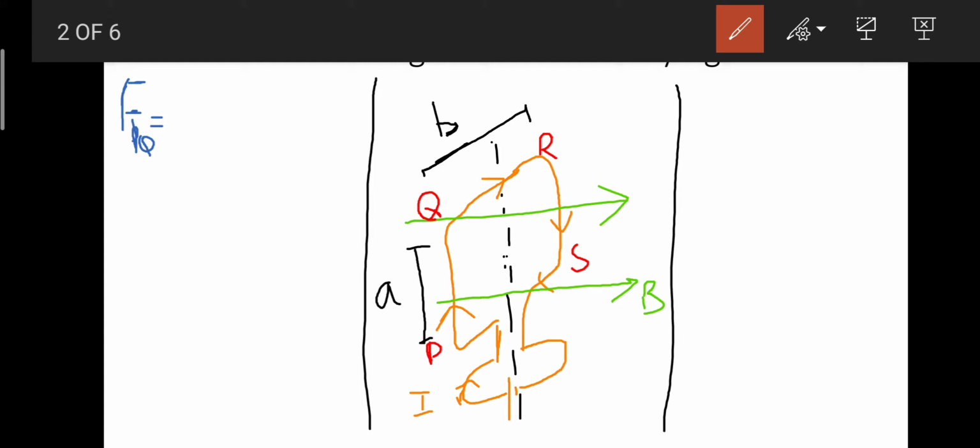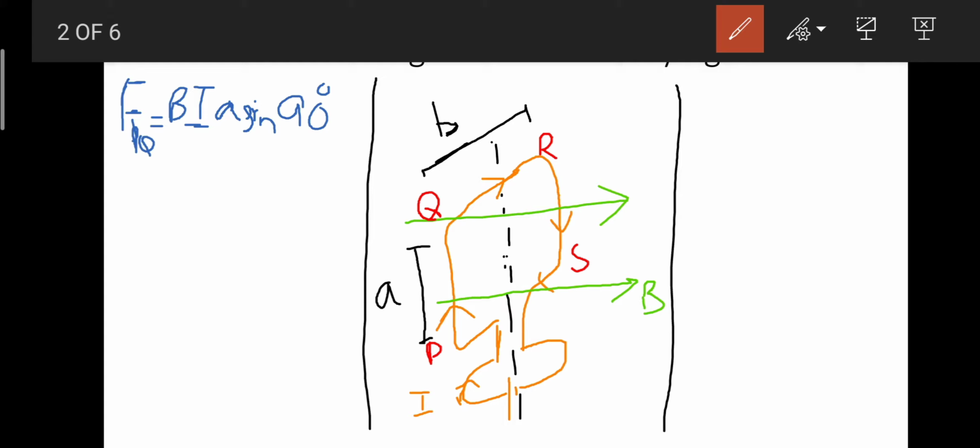Here the magnetic field is B, the current flowing is I, and what about L? We are not having L here, we are having a, the length of the side PQ. So I'm going to write a over here.